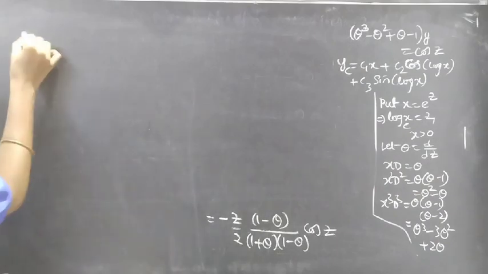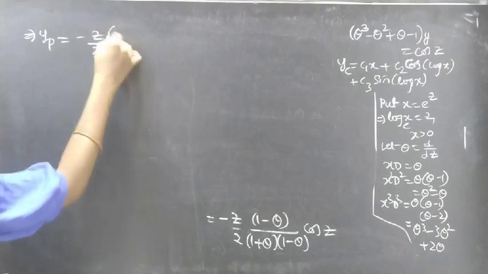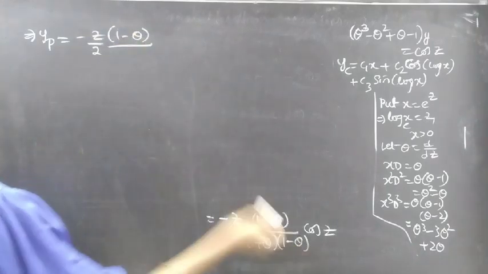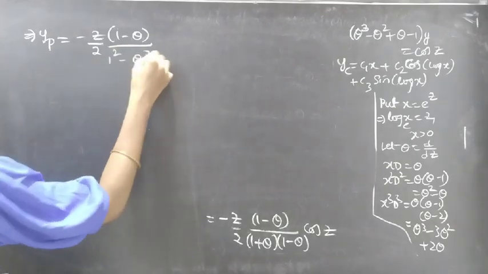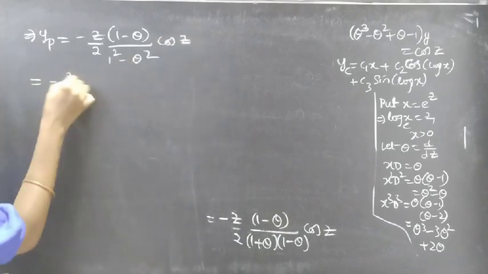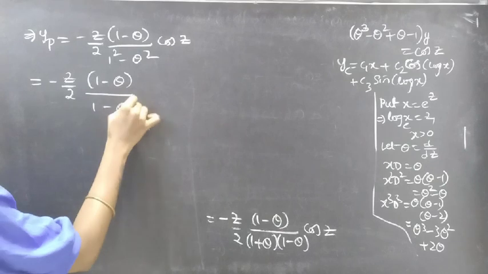Then y_p becomes −z by 2 into (1 − θ) by, so the denominator is of the form (a + b)(a − b), we can write it as a² − b², right, into cos z. This is equal to −z by 2 into (1 − θ) by (1 − θ²) into cos z.